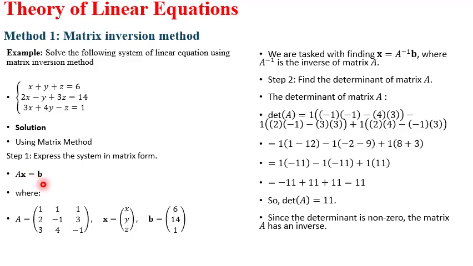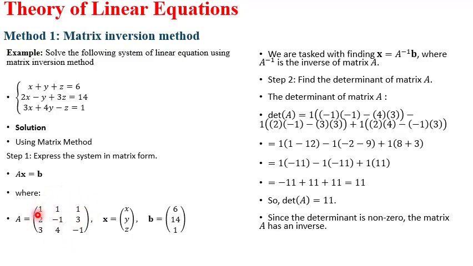That is AX equals B, and this is the matrix form of this linear equation, and this is the matrix A. This is matrix X, showing the variables X, Y, Z, and this is the constant values 6, 14, and 1. So the next thing we do is to find the variables by multiplying the inverse of the matrix by the constant values. So the task ahead now is to determine the inverse of this matrix.